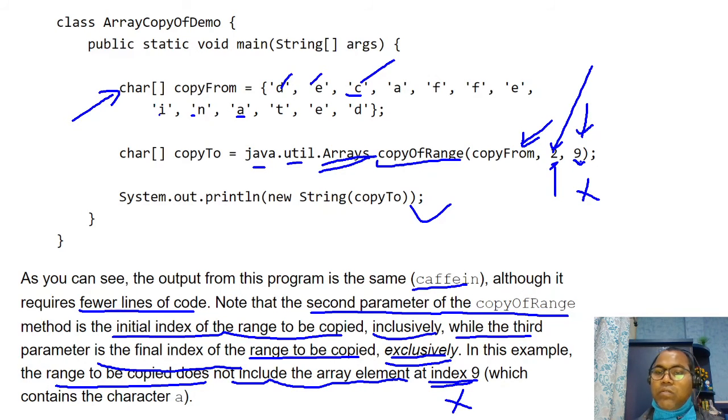Exclusive means from 2 count 0 1 2, 3 4 5 6 7 8 till here, not the 9. 9 is not inclusive. So this is the output we are getting here.